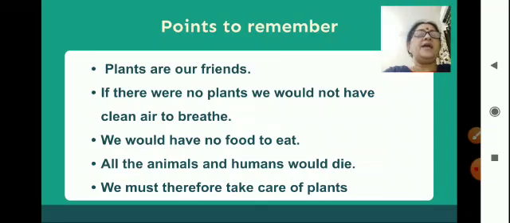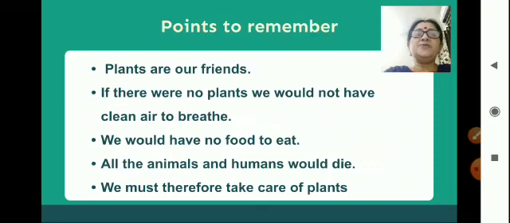All the animals and humans would die. We must therefore take care of plants. This is a very important point. Do not cut the plants.